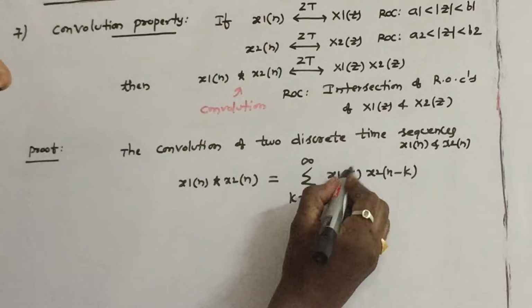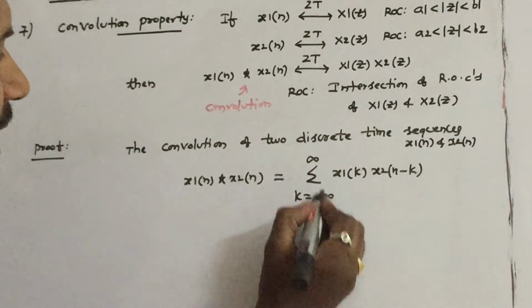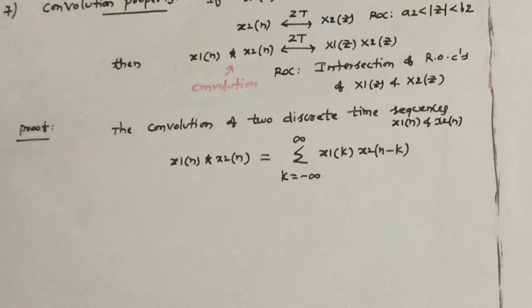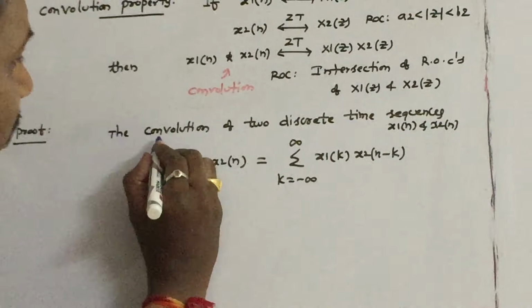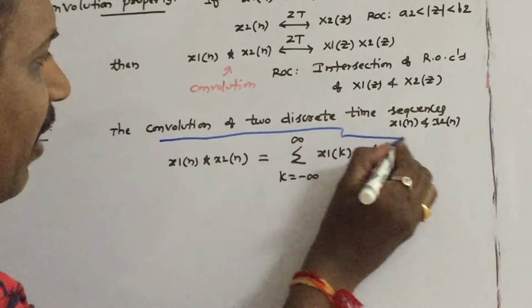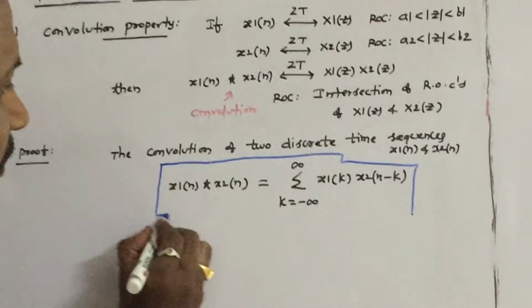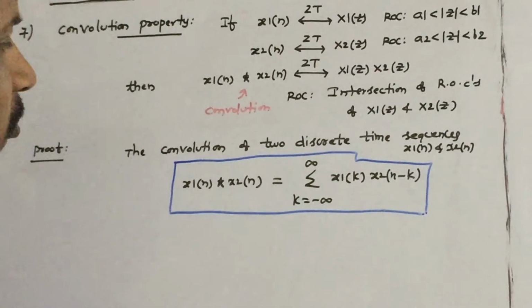You can also take another variable l, n minus l, l equal to minus infinity to infinity. So this is how the convolution of two sequences is mathematically defined. You have to remember this to prove this property.